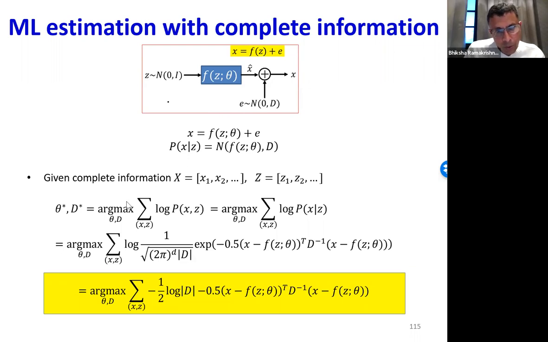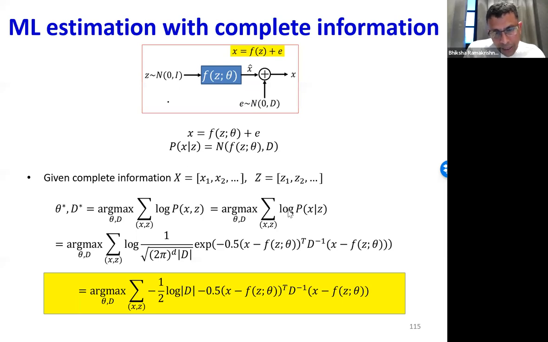And so if I want to take the log likelihood of the complete data, X comma Z, I'm going to be summing over all of the training instances. And what I'd be summing is the log of the joint probability of P of X and Z, but then Z is given. So I can say I'm maximizing the sum over all the training instances of the log of P of X given Z, but P of X given Z is simply a Gaussian.